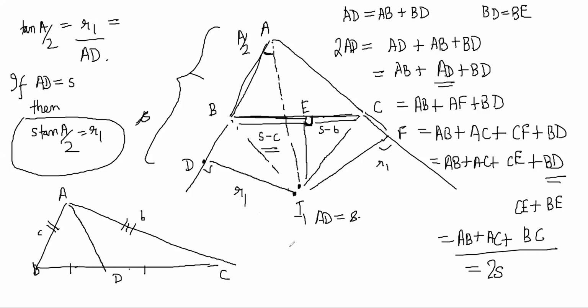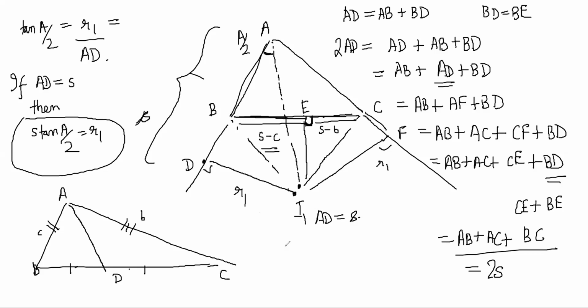So now we have our formula for the excircle radius in different versions of it. Whenever there is a question involving the excircle radius, what you have to do is draw the correct figure.